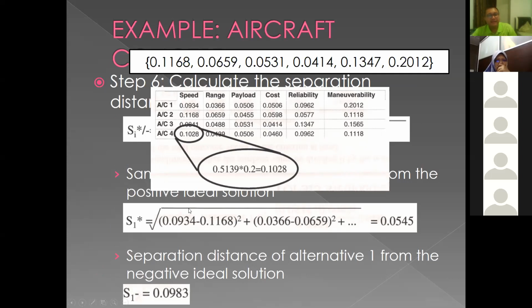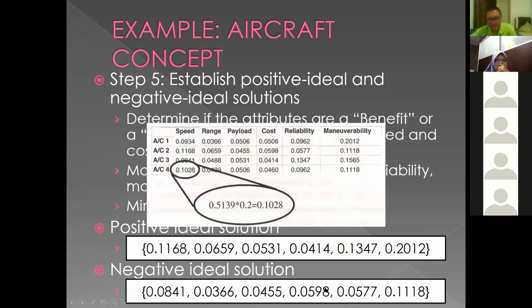If you want to calculate the separation distance for the negative, you need to use the negative ideal solution down here. Just now I showed you for the S positive.